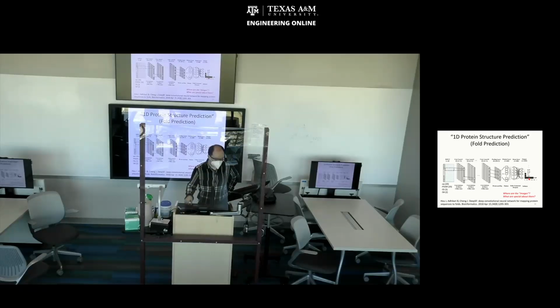The question here is, where are the images? Why are they using CNN? What image do you see in this case? Where is the image in this case?